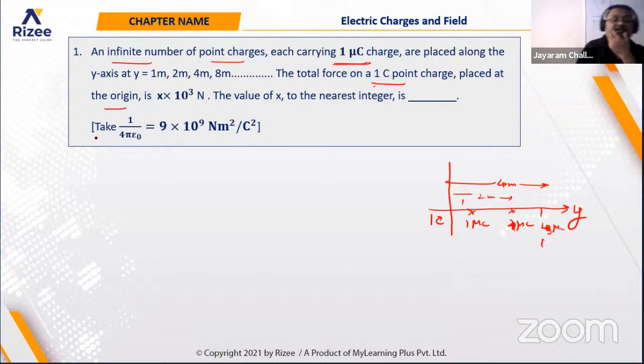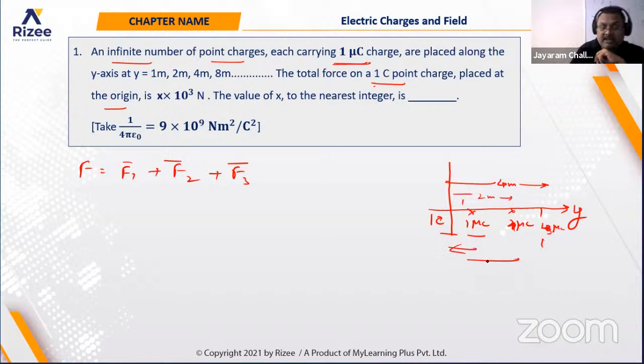If we apply the force equation independently, that is the force between the first one and the origin, F1, plus the force between the second one and the origin, F2, plus the force between the third one and this one, F3. Since all of them are vectors and all the forces act in the same direction, we go for the vectorial summation.